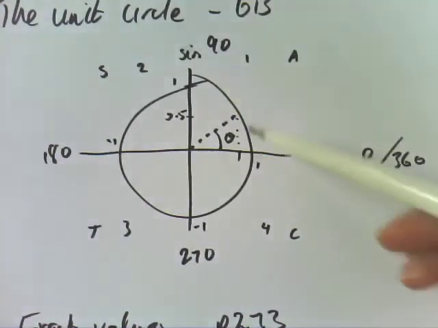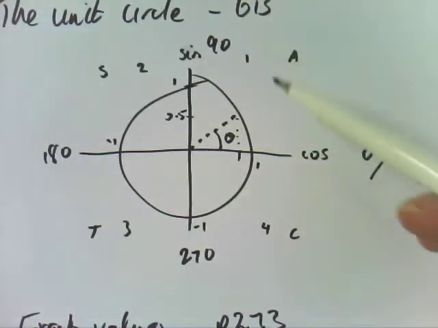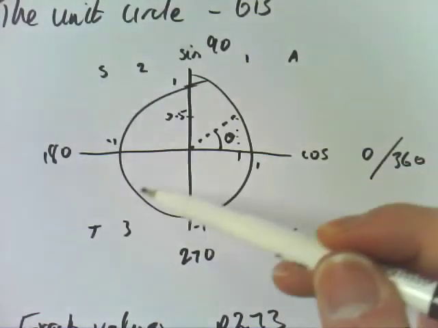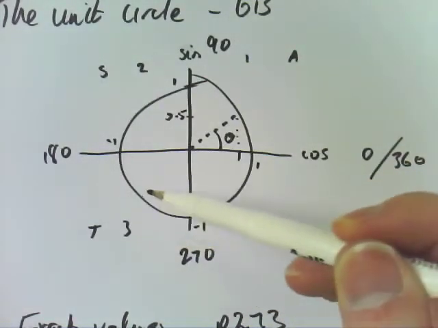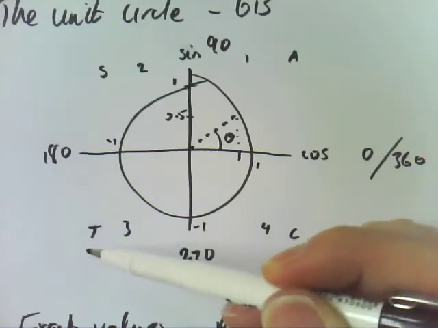It's in quadrant 1, so it's between 0 and 90, and it means anything is positive. So sine 40 is going to be? Positive. What about sine 215? Alright, so 215 is down in quadrant 3, which means it's going to be negative, because only tan is positive in quadrant 3.